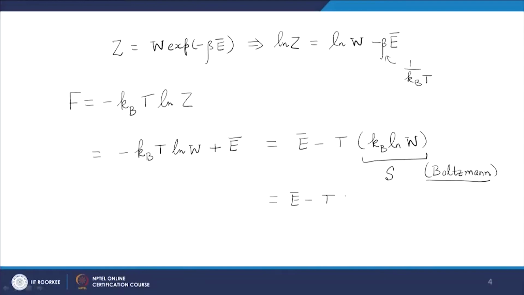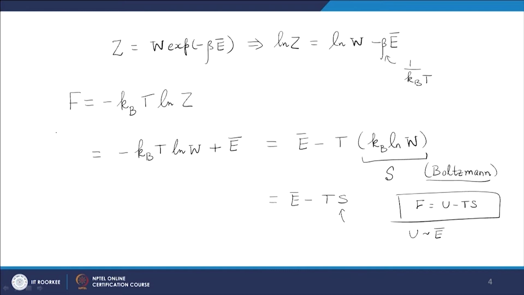So now you can see this expression we have is E bar minus TS. You can compare to the standard thermodynamic expression F equal to U minus TS, and note very clearly that U is basically my E bar and TS appeared as it is that we had there.